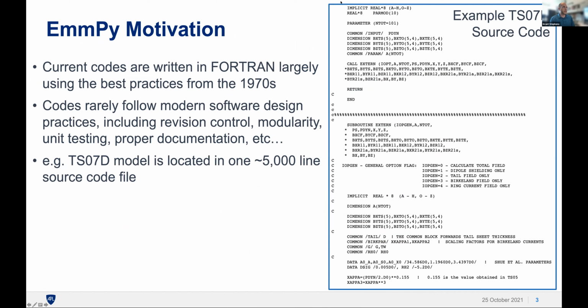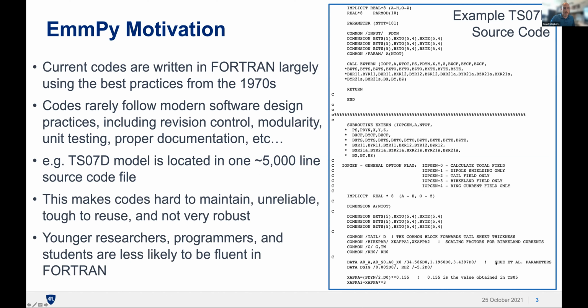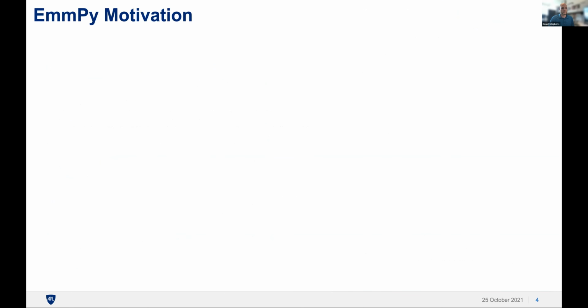So for example, the TS07 model, which is the model I've primarily worked with, is one source file about 5,000 lines long, and it doesn't use any of the modularity or revision control that a modern software architecture would use. This obviously makes these codes hard to maintain and tough to reuse, especially for young researchers and programmers that don't have a lot of fluency in Fortran.